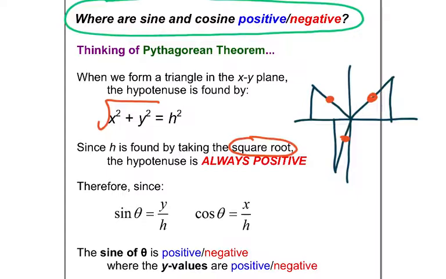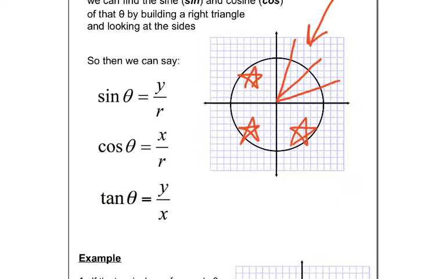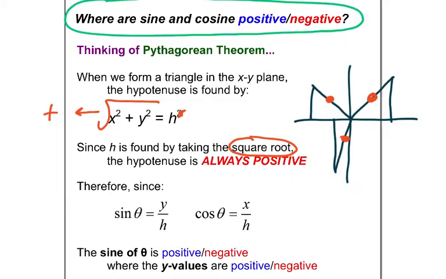The square root of x squared plus y squared, which is the hypotenuse, is always going to be a positive number. Or if you think about it, back here in this circle, these hypotenuses that we are drawing are almost like radiuses of a circle, and the radius of a circle is also always positive. So my point here, friends, is that when you draw a triangle, your hypotenuse is always positive.